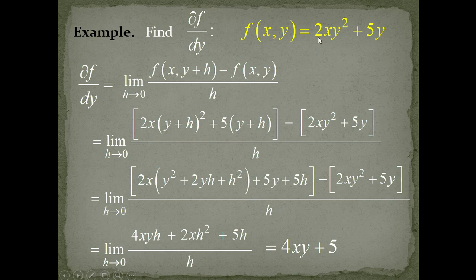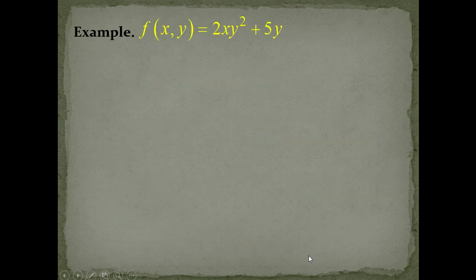So you're asked to find the value of this partial derivative of f with respect to y. So what you're going to do is just substitute the value, because here we have 4xy plus 5. This is the result of our partial differentiation process. And then you are asked to find f2.